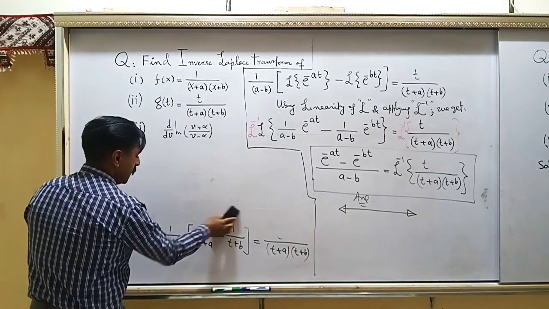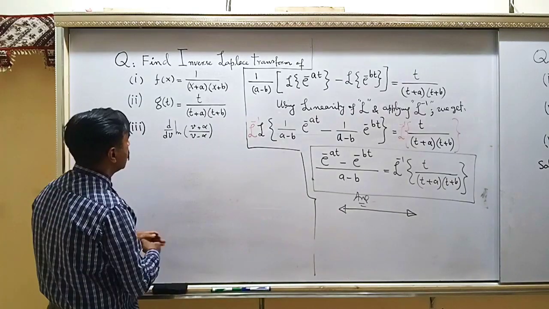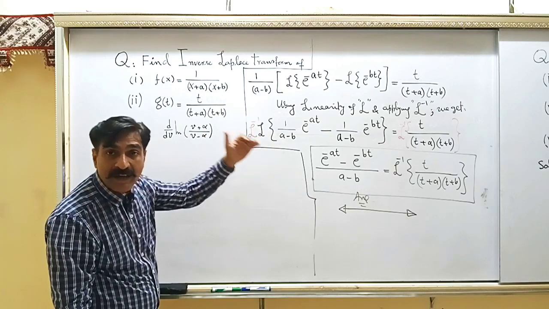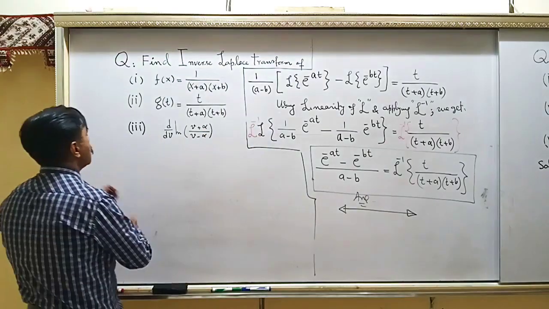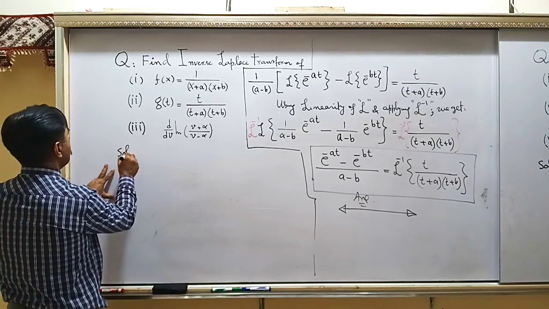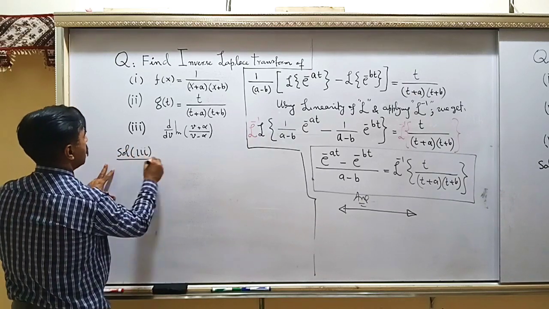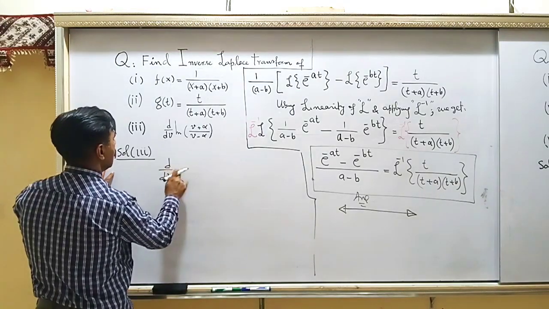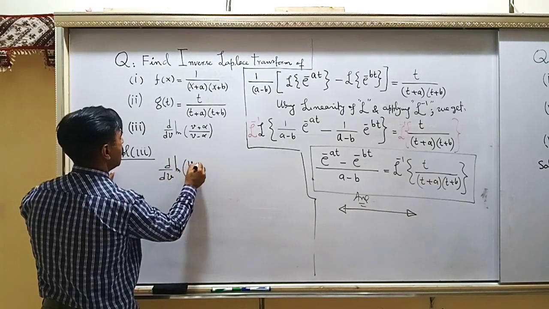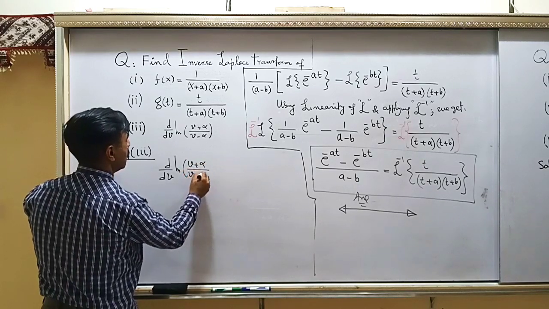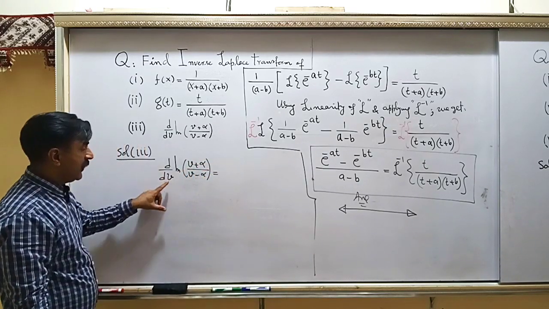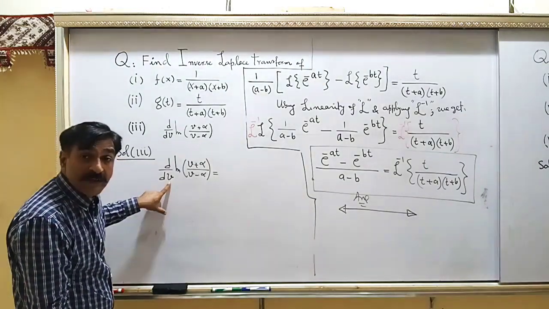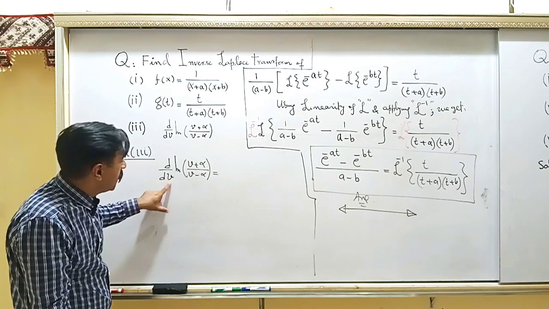For that matter, you first need to break this function into the form 1 over s plus k or 1 over s minus k. So let's do this carefully. This is d by dv of log of v plus alpha over v minus alpha, and this shows d by dv, again I am telling, this means that your variable of the transform is v.